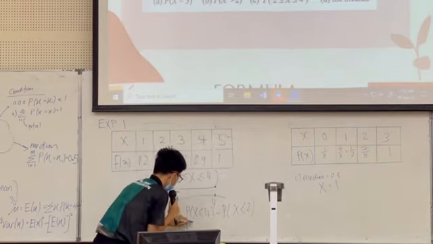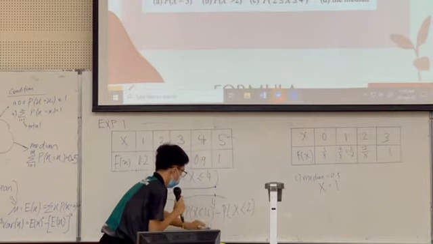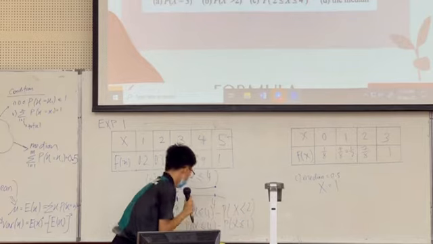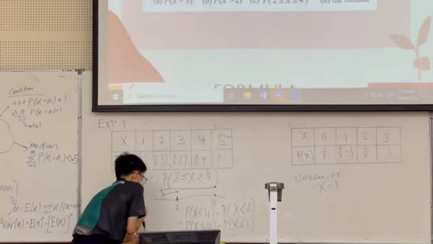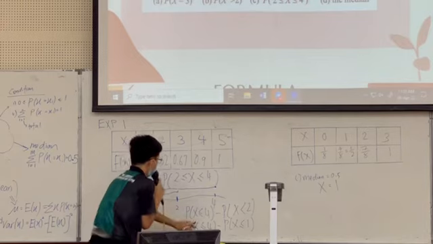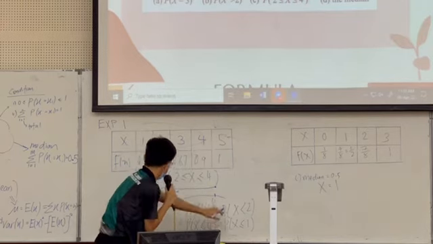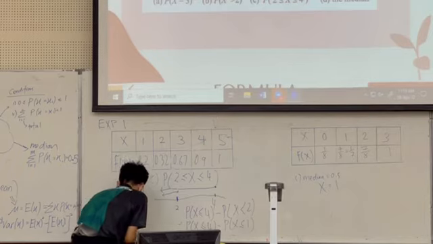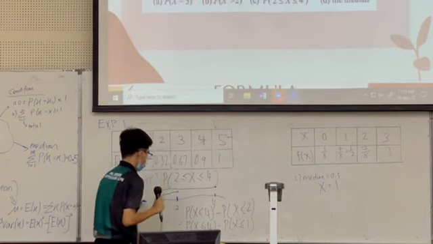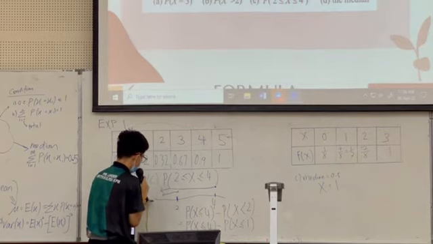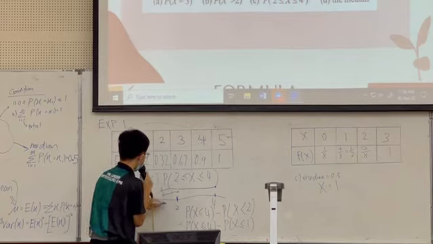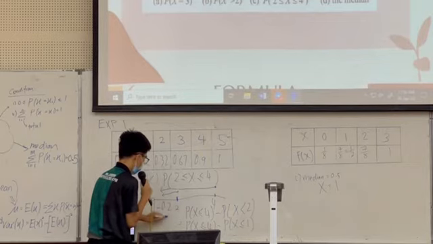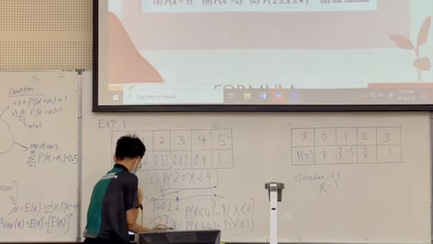So P(X ≤ 4) minus P(X ≤ 1). Now we all know that P(X ≤ 4) is this, and P(X ≤ 1) is this. So we just simply minus: 0.9 minus 0.2. The answer is equal to 0.7. This is the answer.